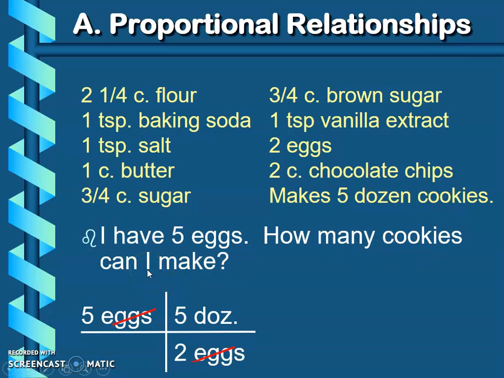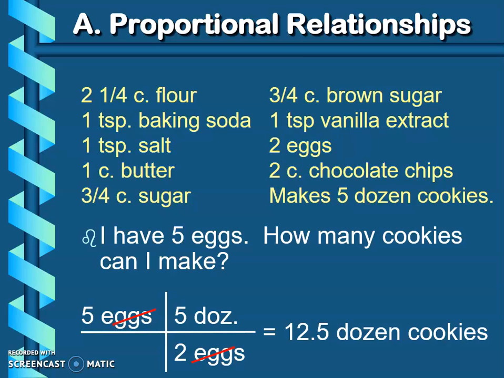Then I simply do what it tells me to do. I do 5 times 5, anything on the top, you multiply together. So 5 times 5, and then you divide by the number on the bottom. 5 times 5 is 25. 25 divided by 2. I can make 12.5 dozen cookies using this recipe with just 5 eggs.